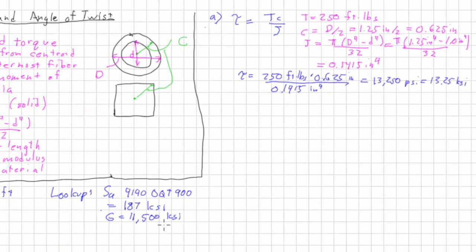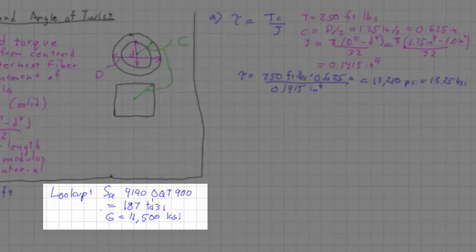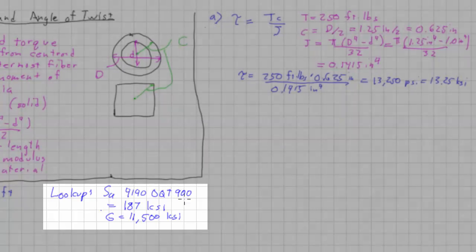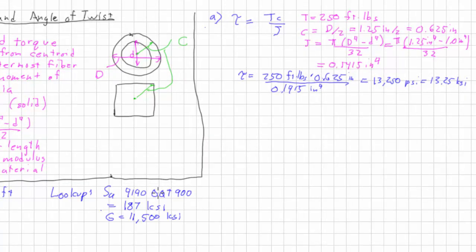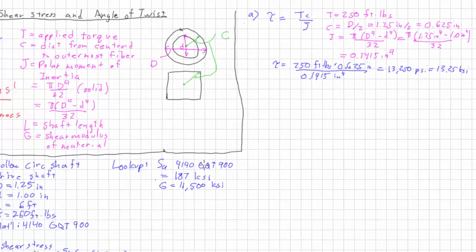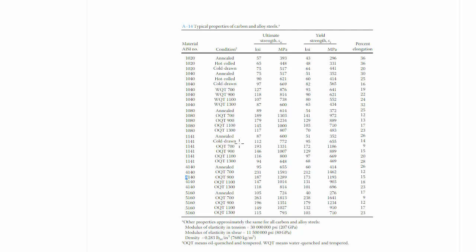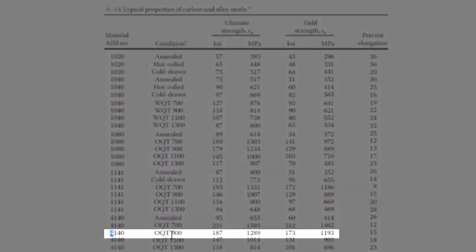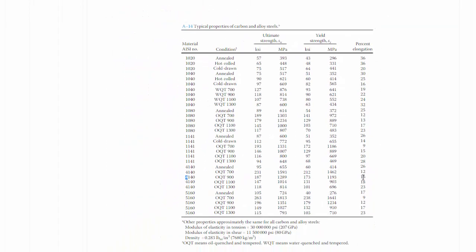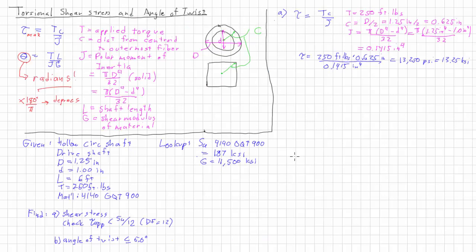Now, if you'll notice, I added this down here. We had to look up the material properties for the 4140 OQT 900, and I found it in the back of the book, which looks a little bit like this. And so here it is, 4140 OQT 900, and we have an ultimate strength of 187 ksi. It also shows the yield strength and the percent elongation. The other thing we needed to find for the angle of twist is G, the shear modulus.